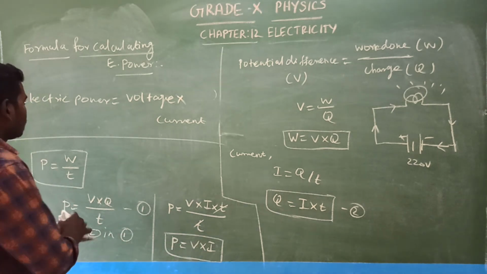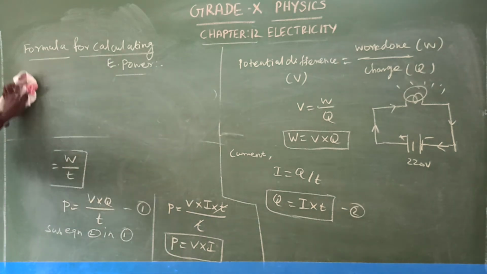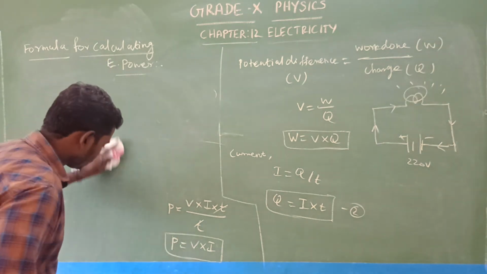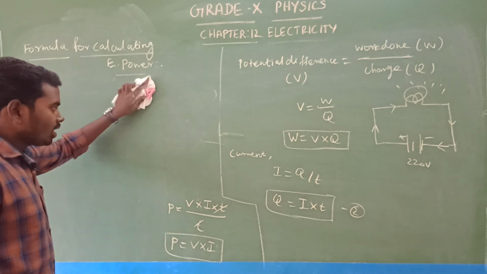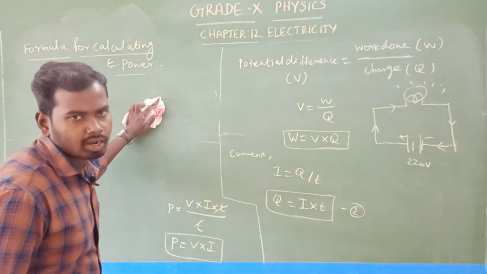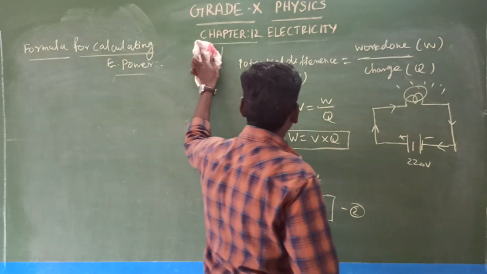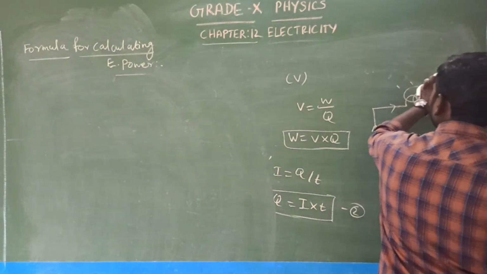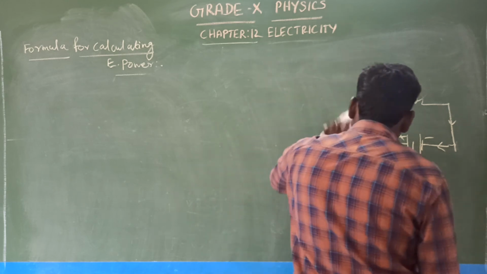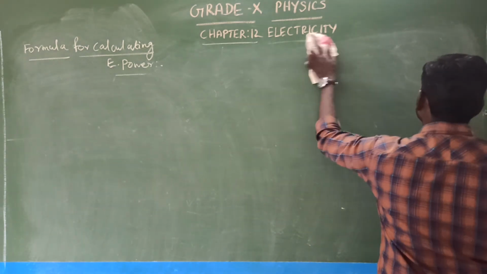So the electric power is equal to voltage into current. This is one of the formulas. Some other formulas are there for calculating the electric power. Now we are going to see that.